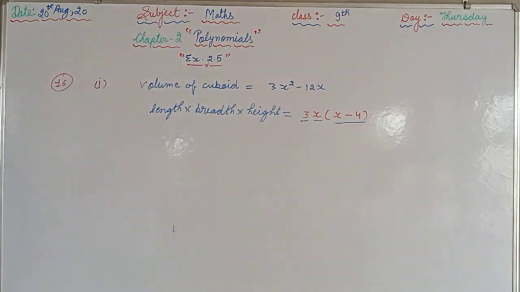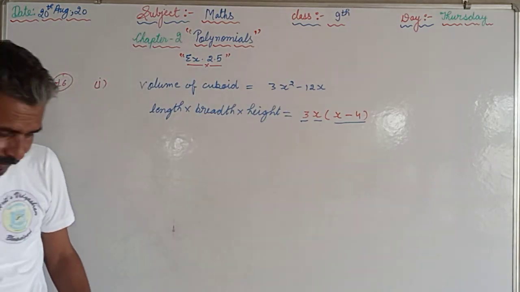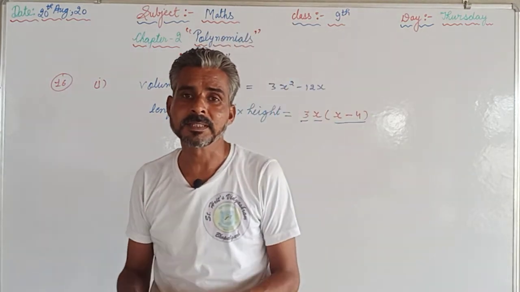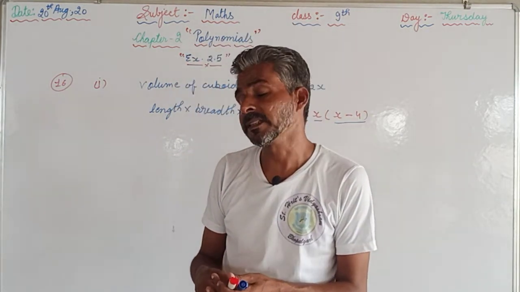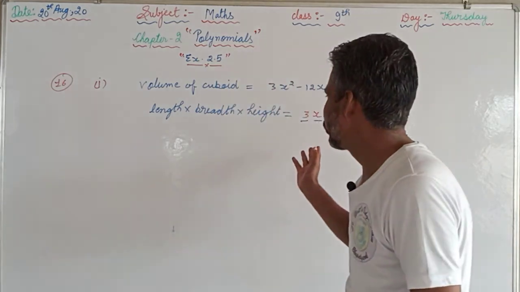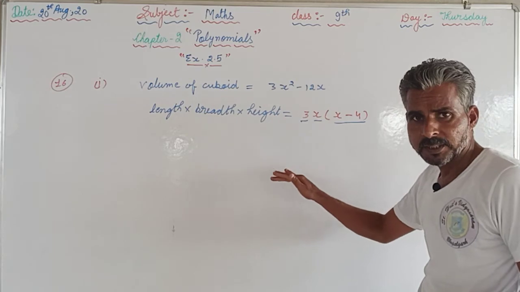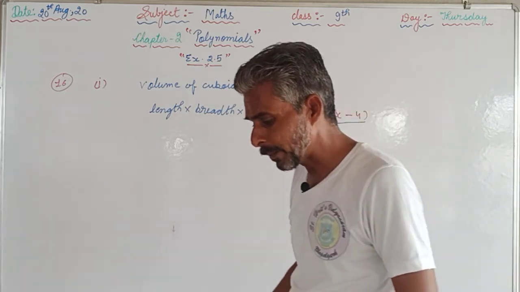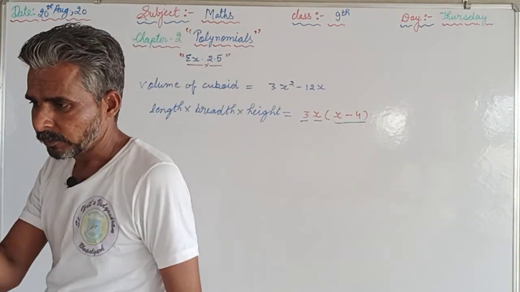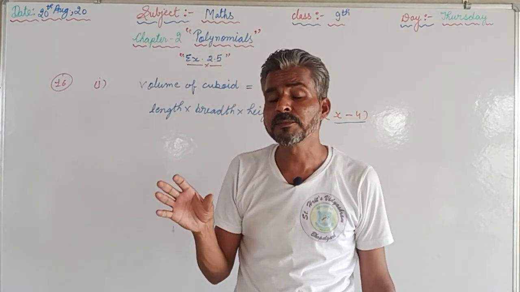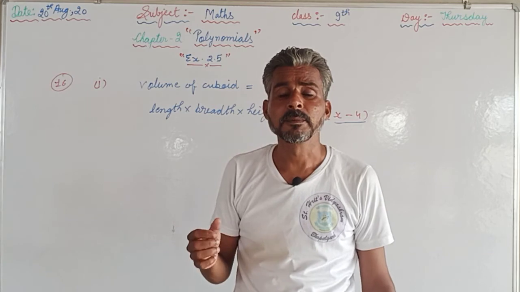So in such types of questions you are supposed to factorize and see the factors, and afterwards assess which one is the length, which one is the breadth, which one is the height. In this cuboid you can say any one is the height, either x minus 4 or x or 3, but in the case of a rectangle you should keep in mind that the quantity which is longer will be the length and the quantity which is shorter will be the breadth.